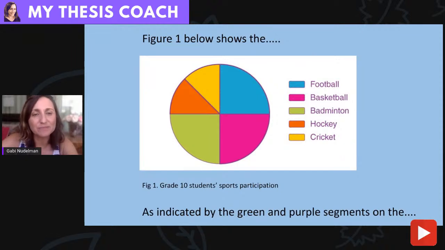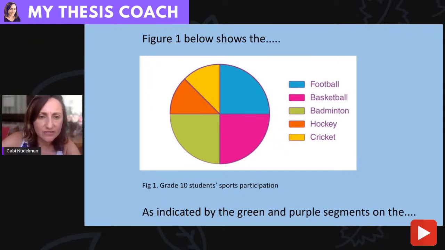Because this is a pie chart, it's labeled figure. So, right, we've got our lead-in sentence. We have got our label over there. And the very last thing to remember that really takes it to the next level is to follow the graphic with something that draws our attention to that graphic, that tells us why we're looking at it.